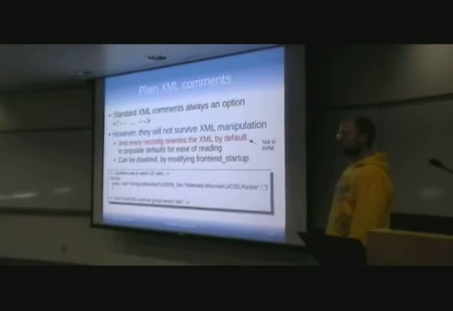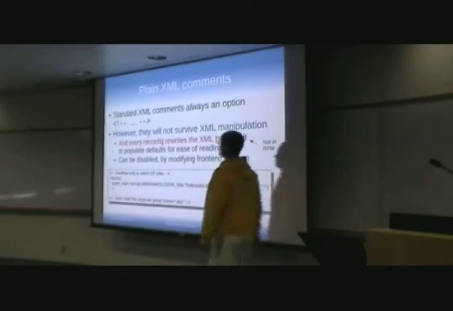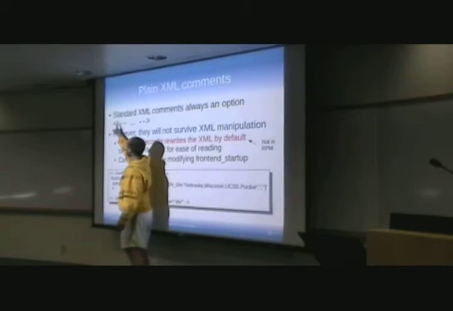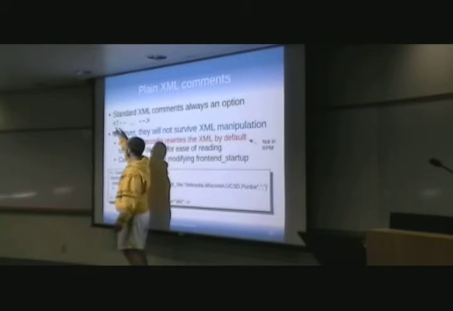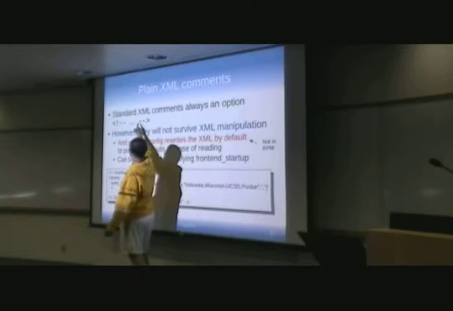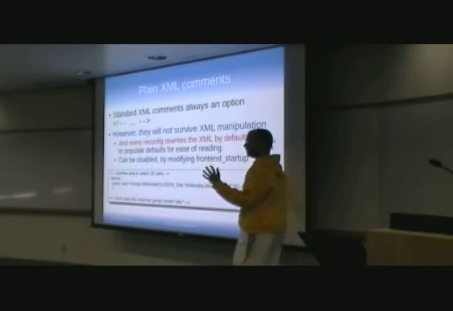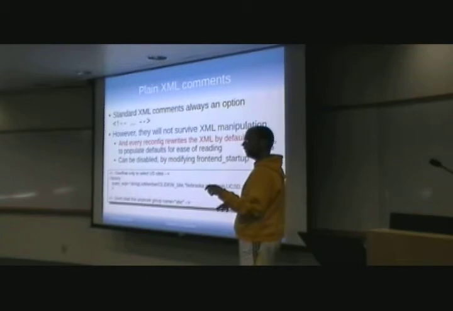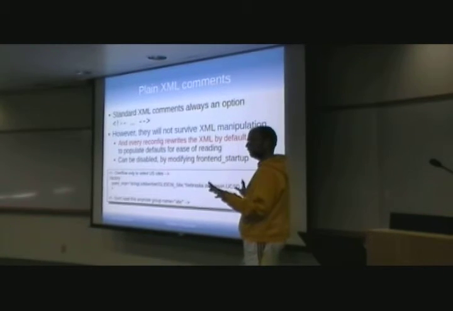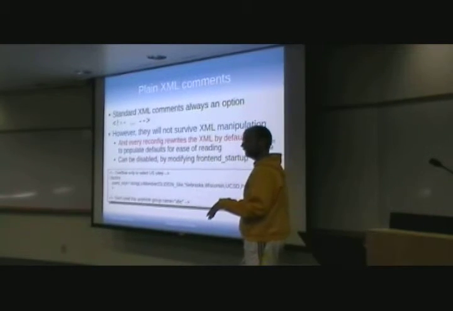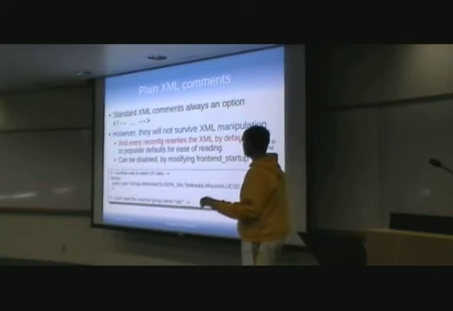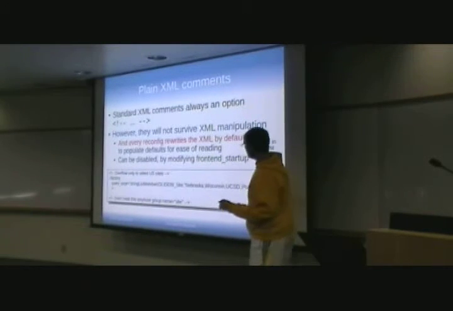The standard XML way of doing it is just less-than, exclamation point, minus minus, and anything between that and minus minus, greater-than is considered a comment and literally ignored. It's not seen by any XML parser. Here's an example.